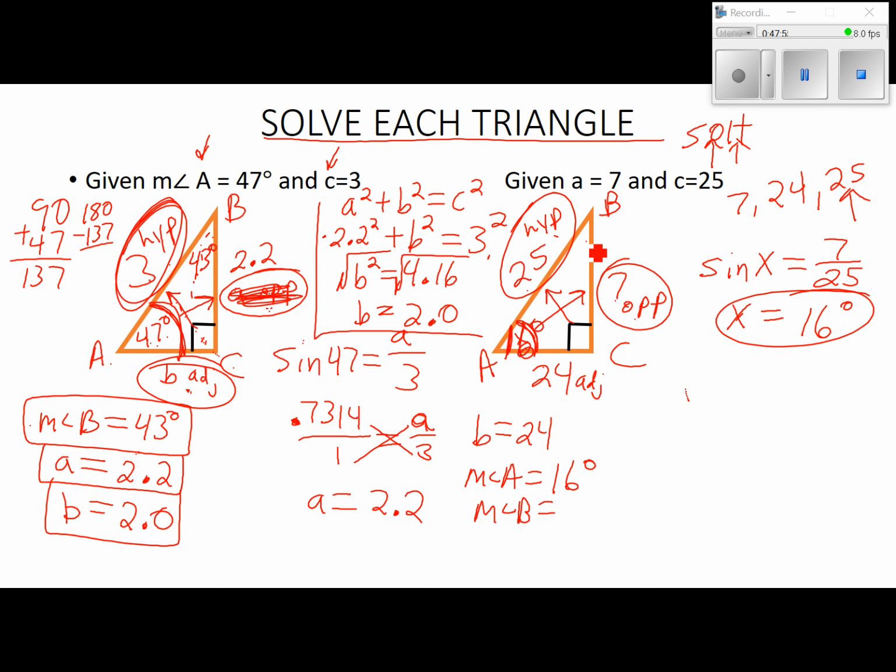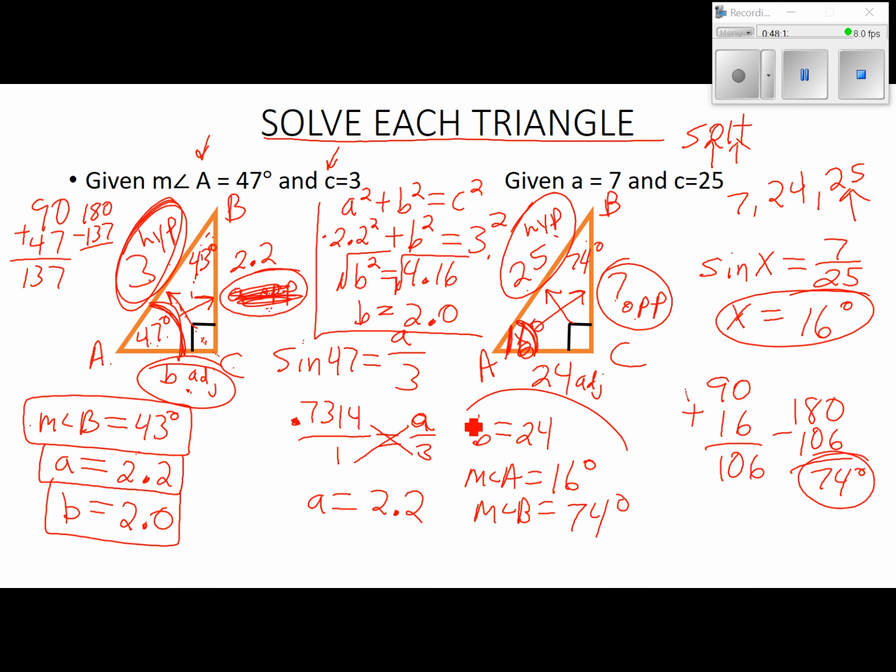Easiest way though is just to take 90 plus 16, that's 106, and then subtract that from 180 because the three angles of a triangle have to add up to 180, and that tells us angle B up there has to be 74 degrees. So we found all three missing parts of that right triangle.